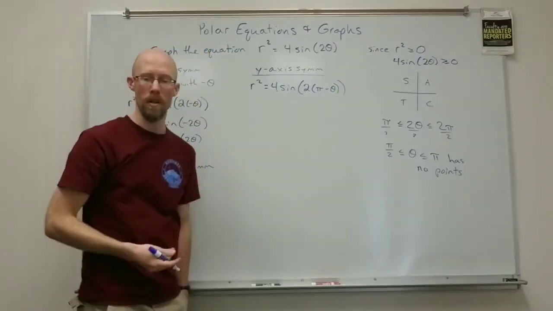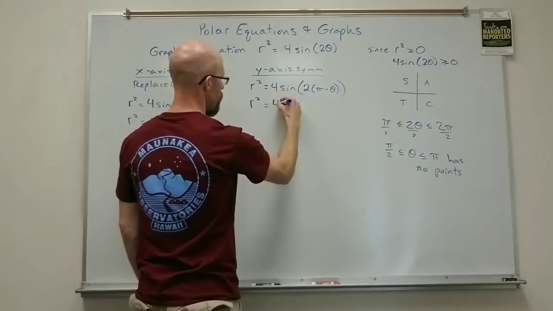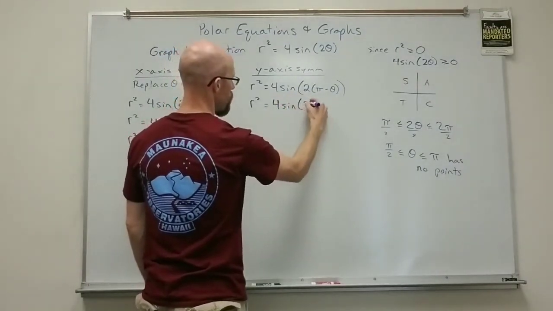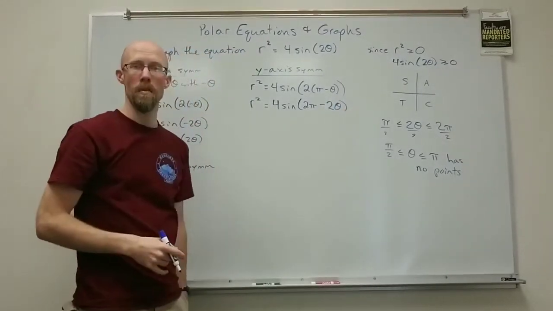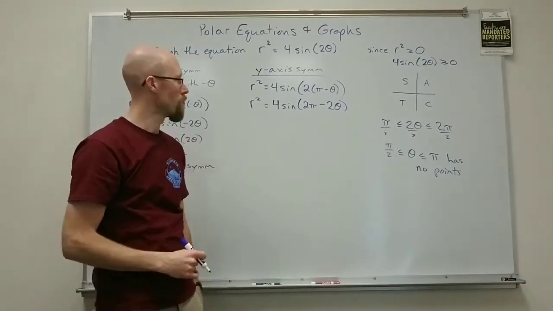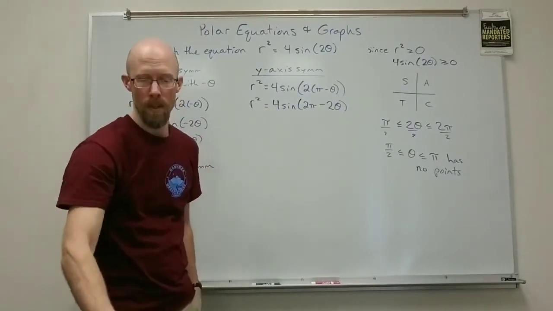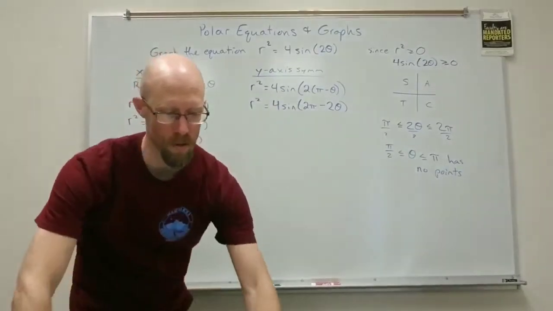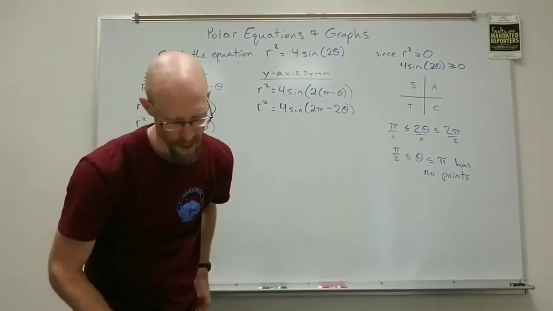Now this one I'm going to need a little bit of work on. R squared equals 4 times the sine of 2 pi minus 2 theta. And then I need my difference formula for the sine, and I'm going to steal that out of the book real quick.